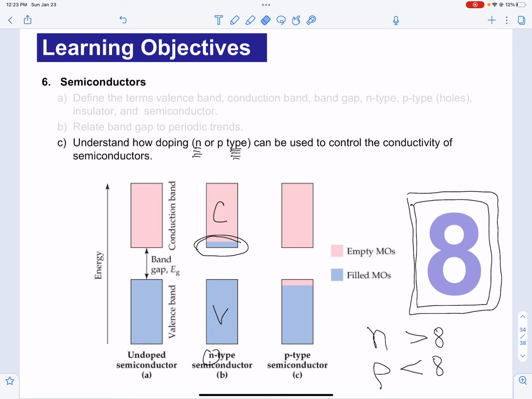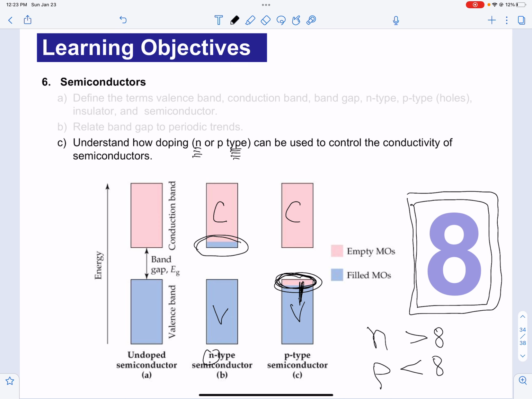P-type is one where you don't have enough electrons to fill up the valence band, and you still have nothing in there. That means there's space to move electrons back and forth. So this is already creating electricity.